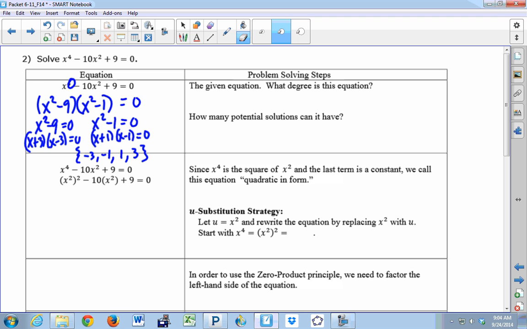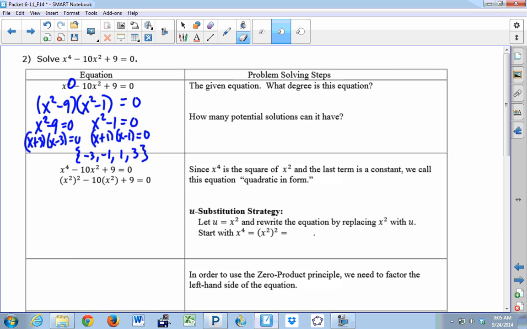So that's one approach. The book is having you try to reframe the equation, like see it differently. Because if you saw this equation as some variable squared minus 10 times that variable plus 9, you'd say, oh, I would just factor it.